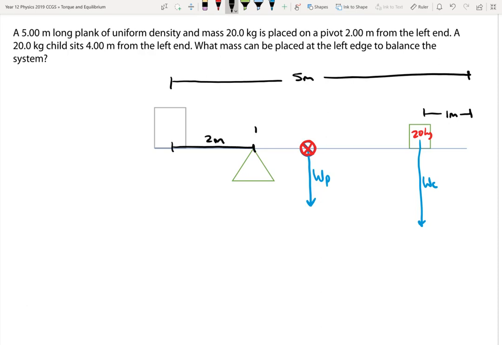So the last thing we need is the distance to the center of mass. Who's good at maths? If it's uniform density, then the center of mass is 2.5 meters from the left. The pivot is 2 in, so what are we missing? A half. All right, so they will sometimes give you these nasty little puzzles that you have to do some little arithmetic to get your unknown distances first.